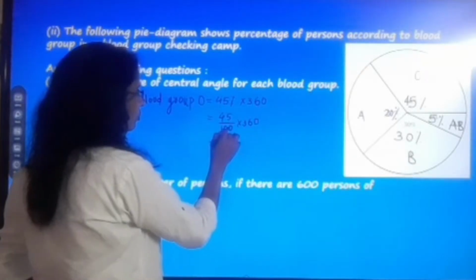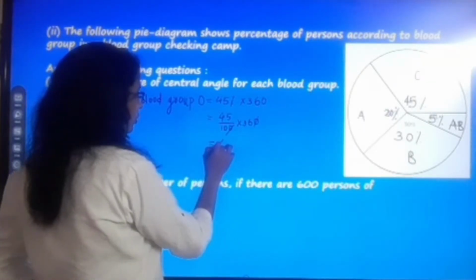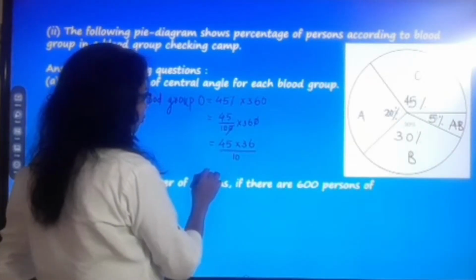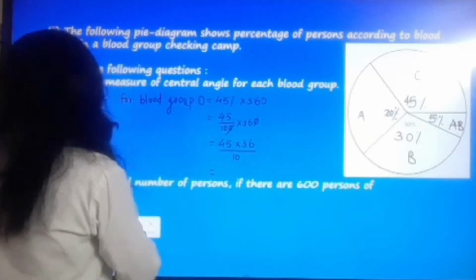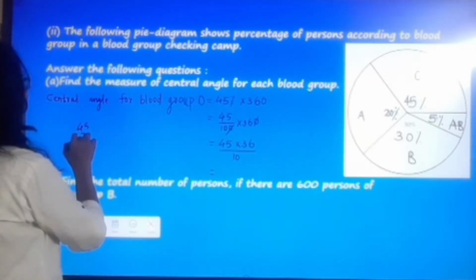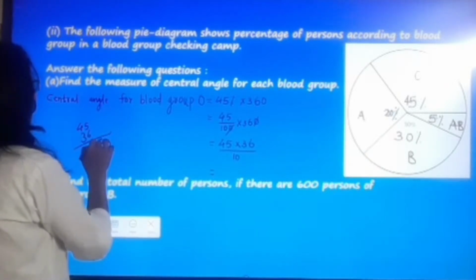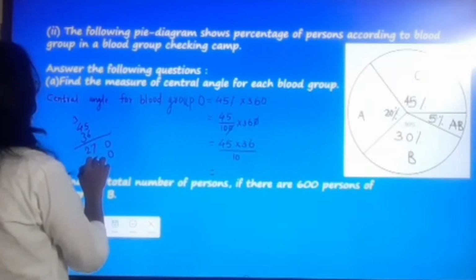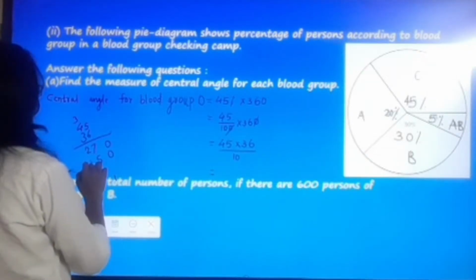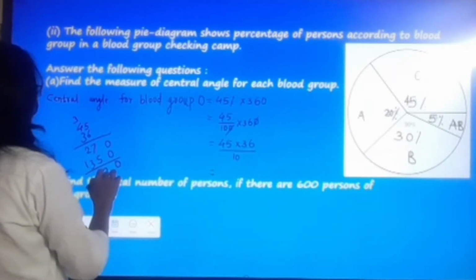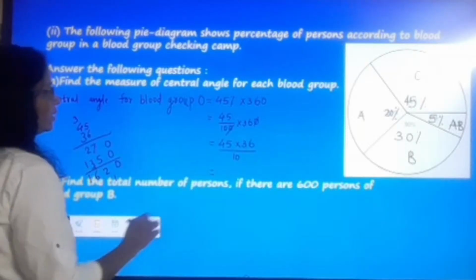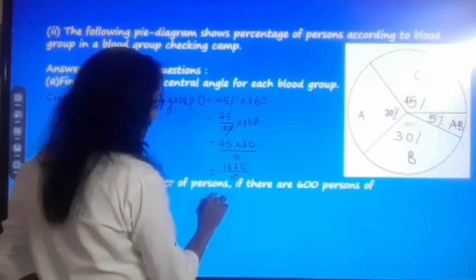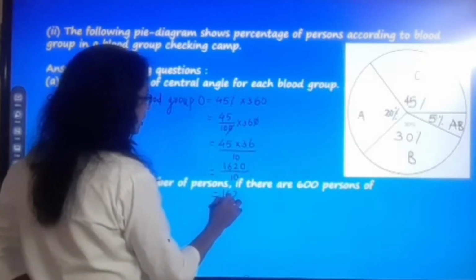So the zeros get cancelled. So 45 multiplied by 36 and divided by 10. So here, students, 45 multiplied by 36 will be 1620. 1620 divided by 10 is equal to 162.